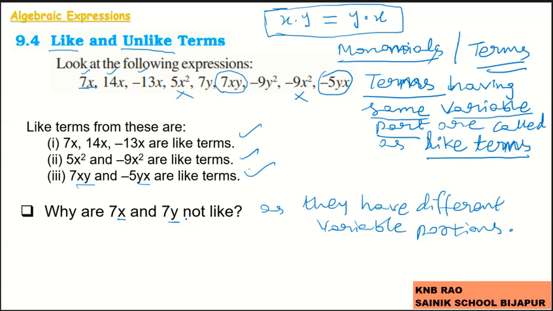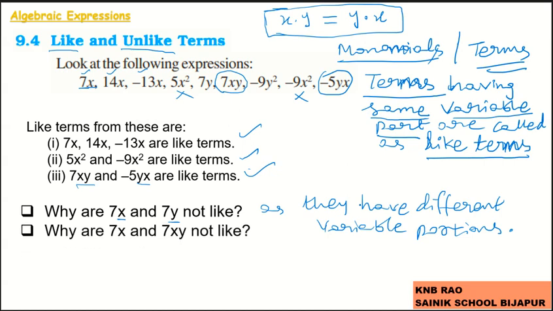So, that is why they both are unlike terms. The terms having different variable portions are called unlike terms, that is it. You know now the definition of unlike terms also. The terms having different variable portions will be called unlike terms. So, an example for unlike terms will be 7x and 7y.